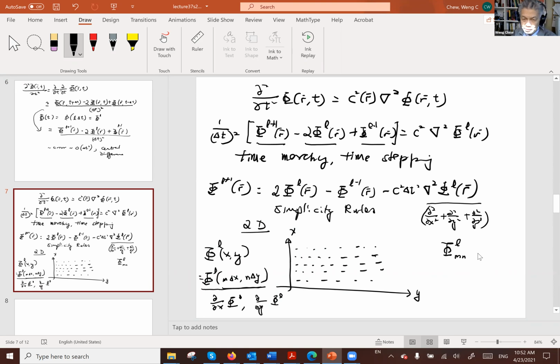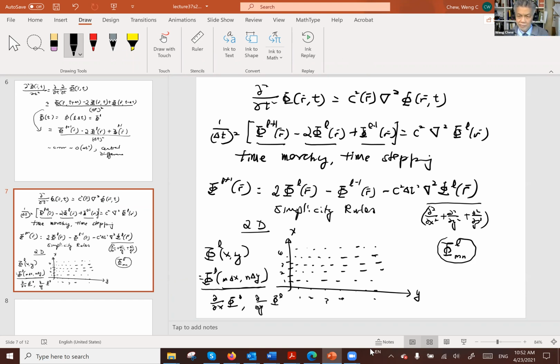And these are points like m is equal to 1, 2, 3, 4, and then n is equal to 1, 2, 3, 4. Okay, so I have discretized space both in the x and the y direction, and store the field value at each of these points as a data point.